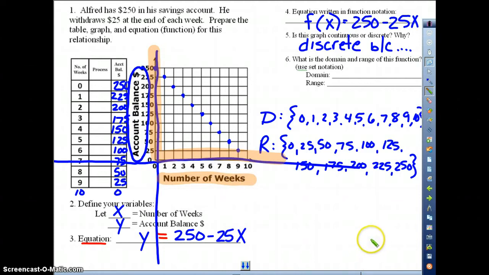It can't be negative. Now, an account balance can be negative if you're overdrawn. But we're going to say this kid, Alfred, when he gets to 0, he has no more money and he can't withdraw anymore. So we're going to say his account balance can't be 0 also. That's why this graph only graphs in quadrant 1.